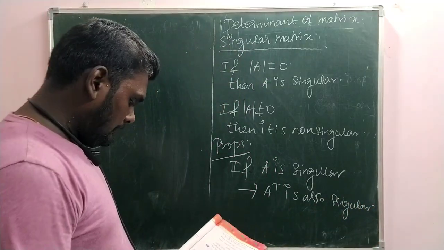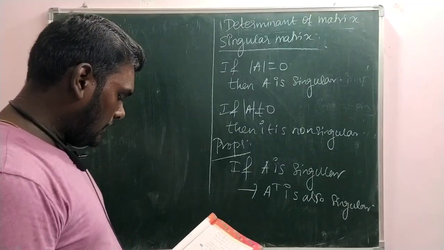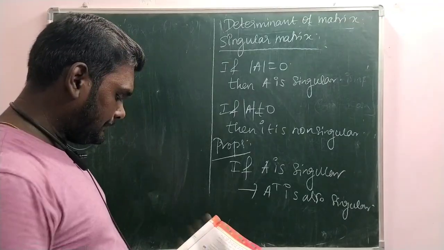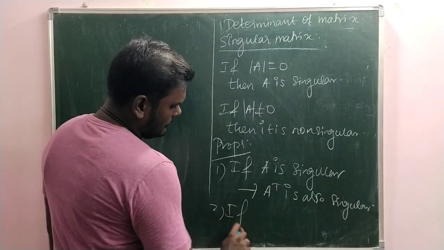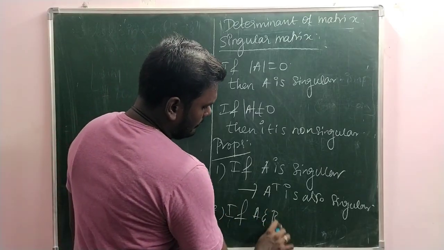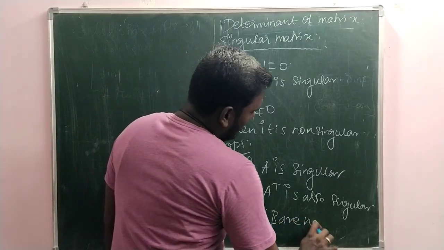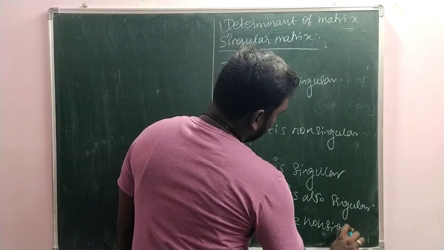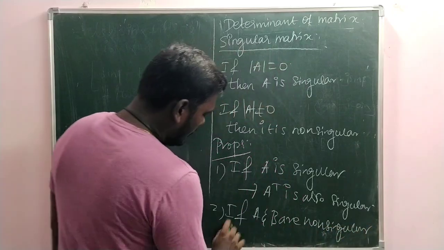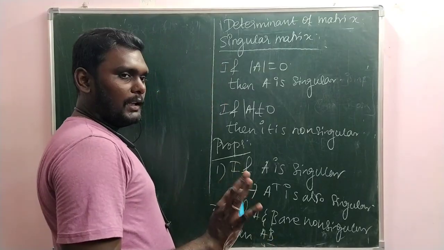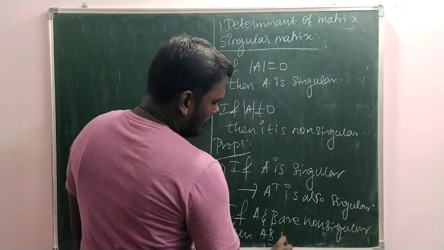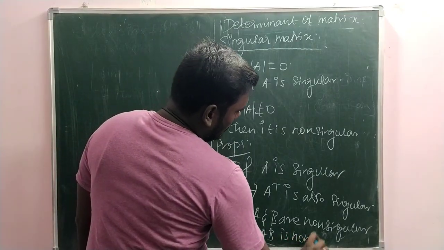Okay, and if A and B are non-singular matrices, then their product is also non-singular. Does not mean that they are equal. Then AB is also non-singular.